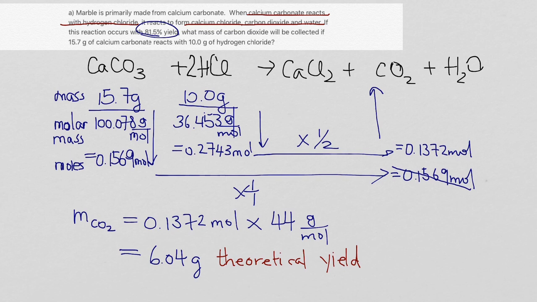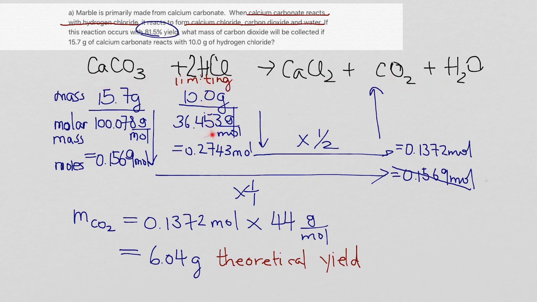Okay. So again, a review of what we did. Step 1, write the balanced chemical equation, and don't write it wrong like I did, and don't balance it wrong. Otherwise, all your math, your ratios would be wrong, and everything else would be wrong. Step 2, determine which the limiting reagent is.